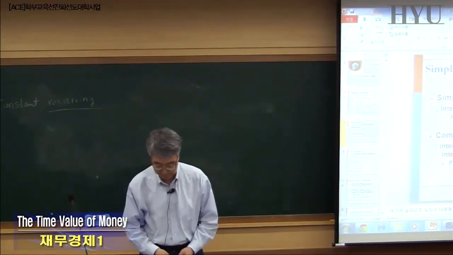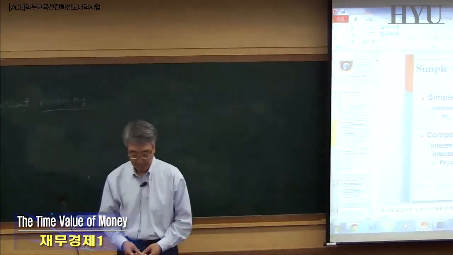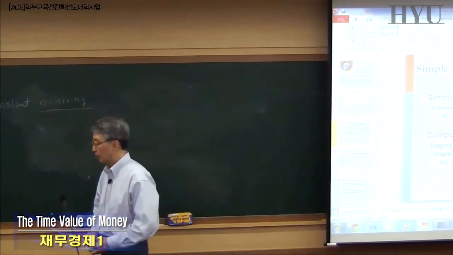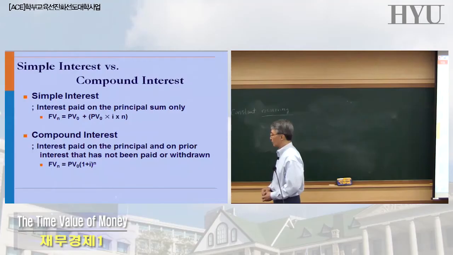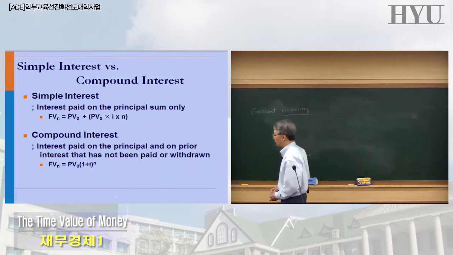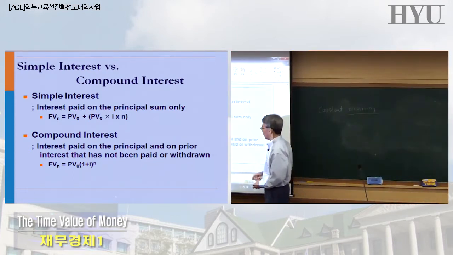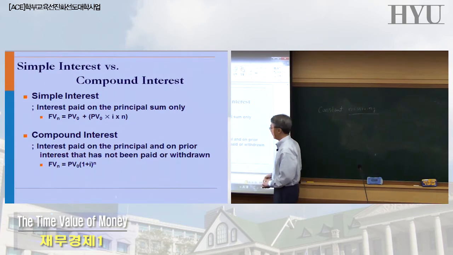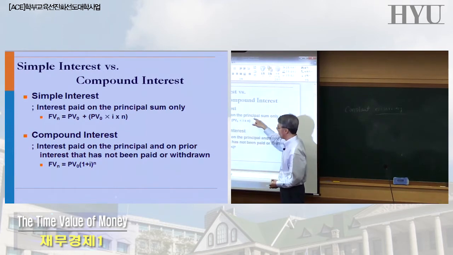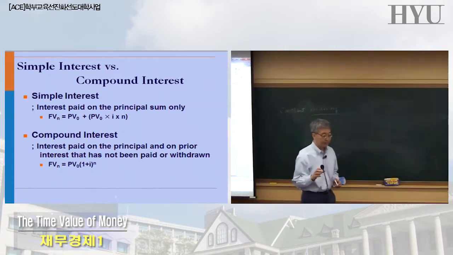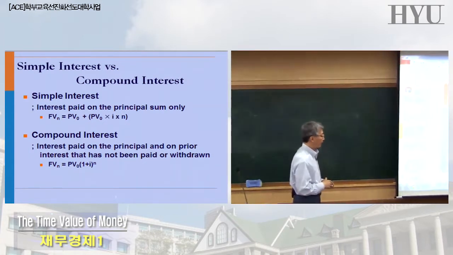Starting out, we have to understand the difference between simple interest and compound interest. I think most of you already understand, but simple interest simply means interest paid on the principal sum only. That's the important part. So if you invest a certain amount of money, you earn a certain amount of interest on the principal, every year.